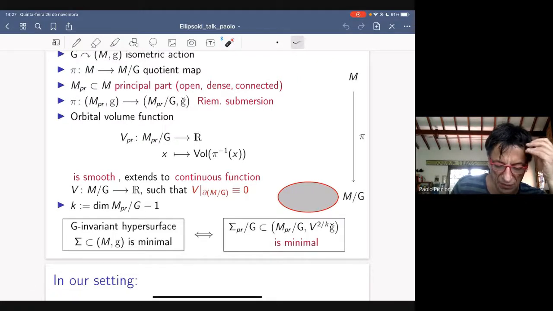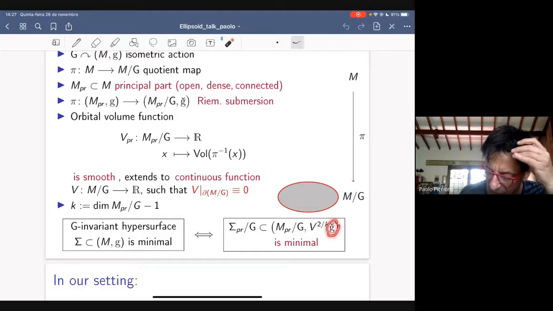And so the Hsiang-Lawson result is that if you have a hypersurface in M, which is minimal and G invariant, then its projection is also minimal on the quotient when the quotient is given this metric here.